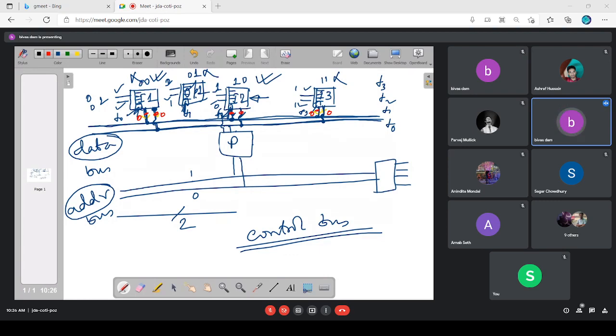So this particular output of I1, of I2, and of input device I3 are shorted. The same is true for the other output terminals of the individual input devices also. So whenever we go for bus connection, this type of output shorting is a basic requirement.